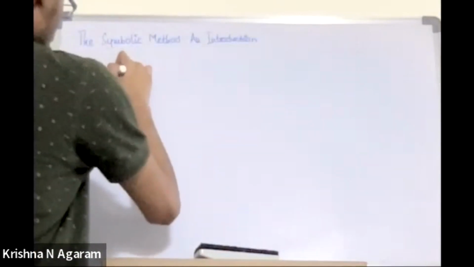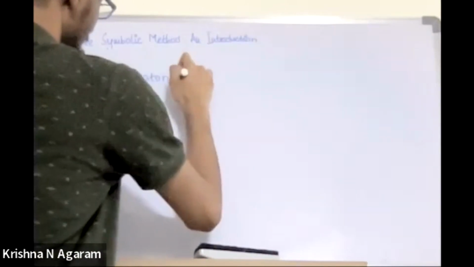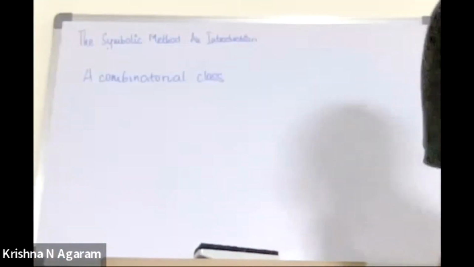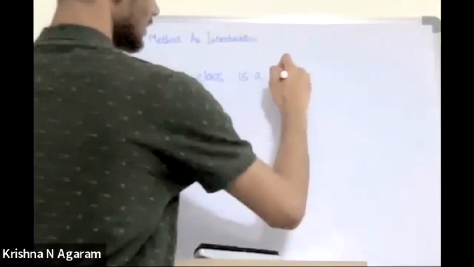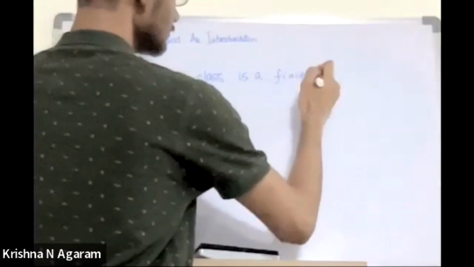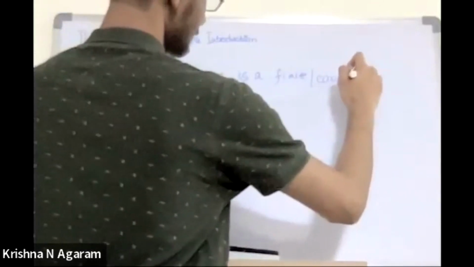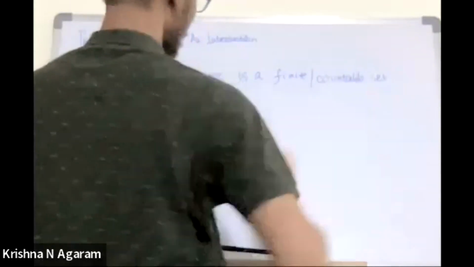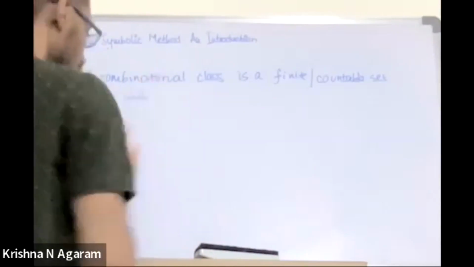So a combinatorial class, for some definitions so that we can talk using these and I don't have to spell out the whole thing, is a finite or countable set with the following properties.